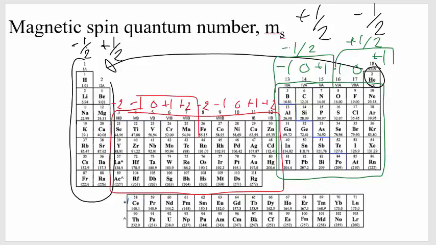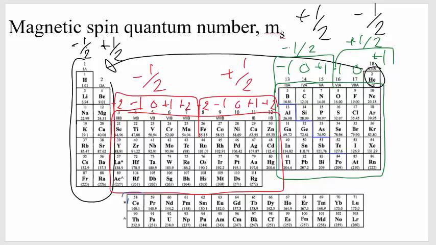And so the first part here, these elements would all have a -1/2 magnetic spin number, and the other part would have the +1/2.